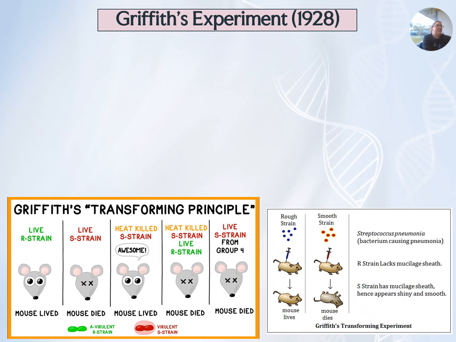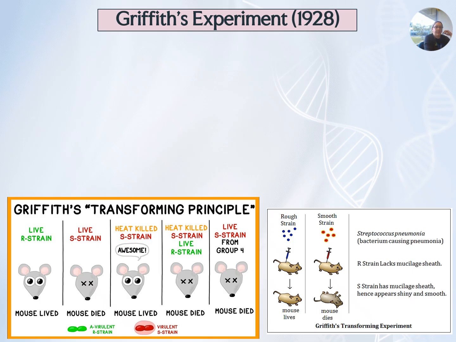We know that thanks to some experiments that used bacteria. So we have a few here. We have Griffith's experiment first, where he noticed that some sort of genetic information, he didn't really use the term, a transforming principle, was being passed between bacteria.